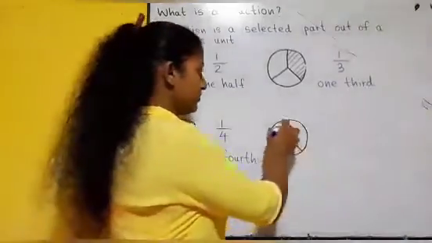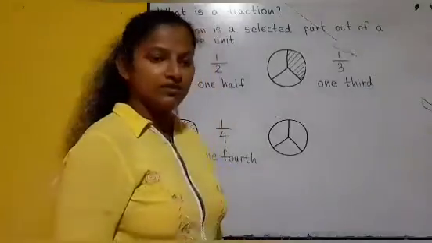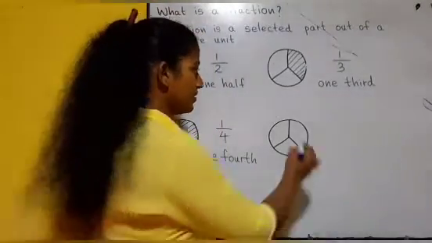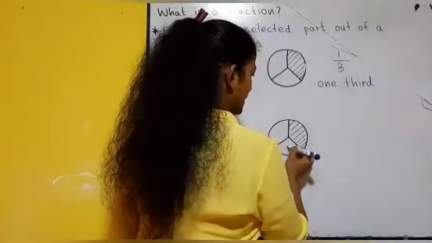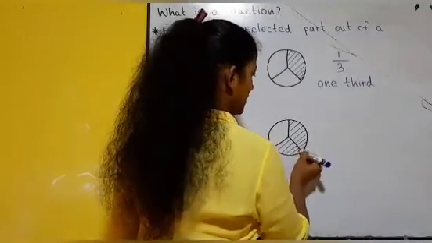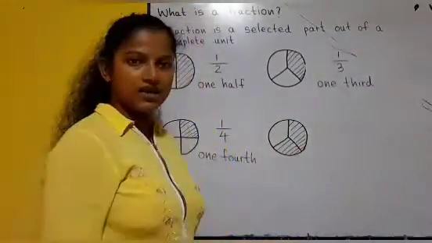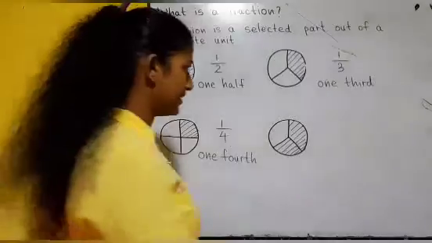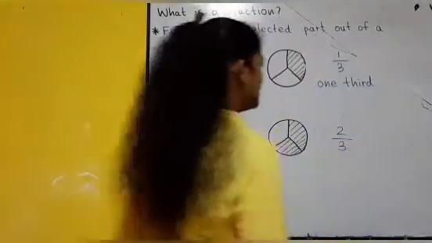Then the fourth figure is also divided into 3 equal parts. Now I am shading 2 parts like this. Now 2 parts are shaded. There are 3 total parts. 2 parts are shaded. So the fraction is 2 over 3.